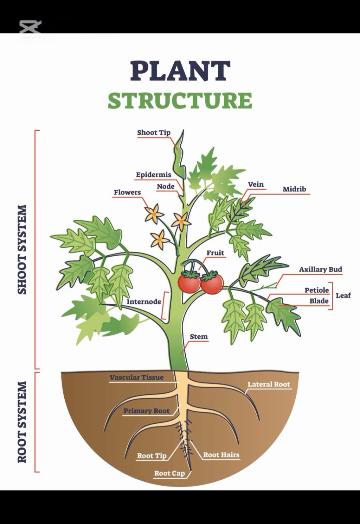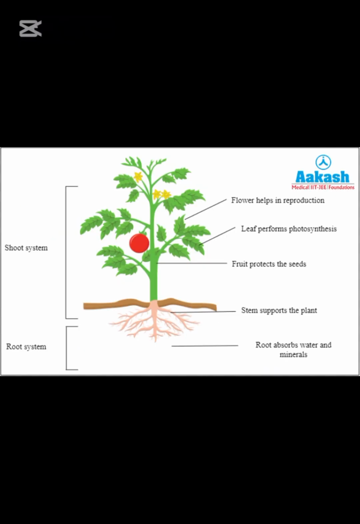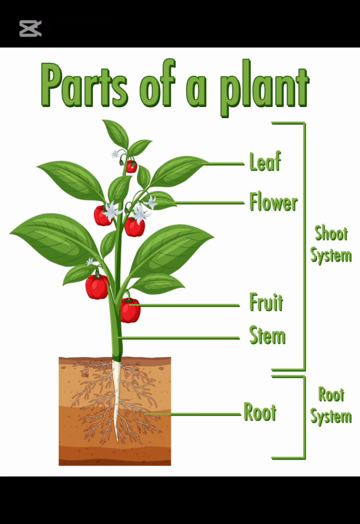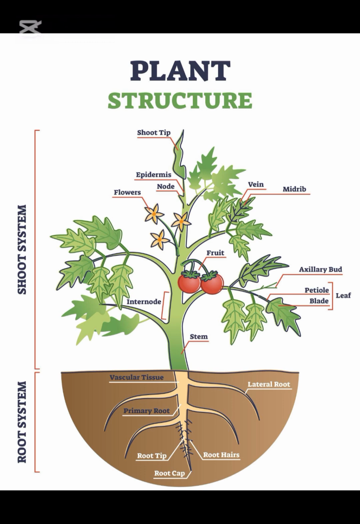That's what is sustaining it. That's what makes it stand in the soil. So it makes your plant stand firm in the ground. And number 3, the thing that your root does is it stores the food. It's like a storekeeper for your plant. It keeps the food just like a cupboard.